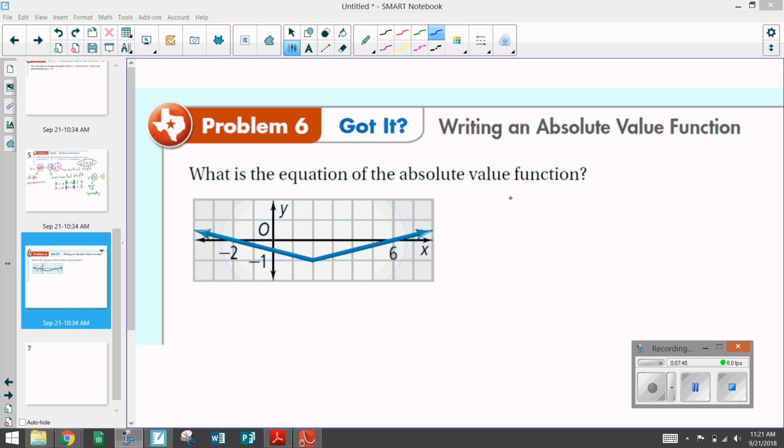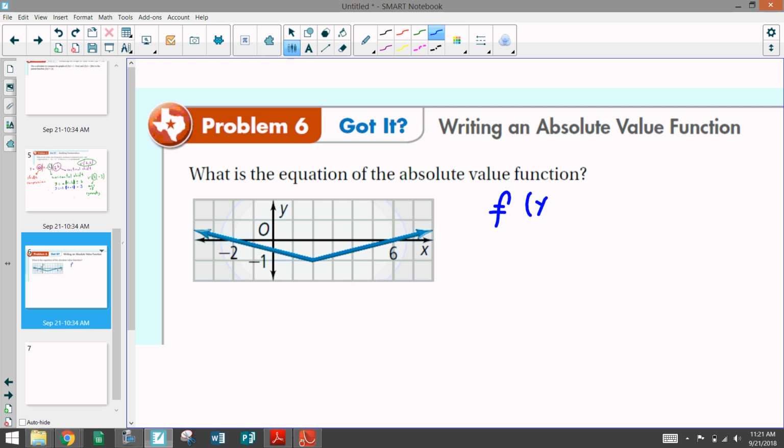Okay, f of x is going to be something like this: y equals absolute value x. And then what happened to this? It has changed, plus or minus k. Apparently, the slope changed.